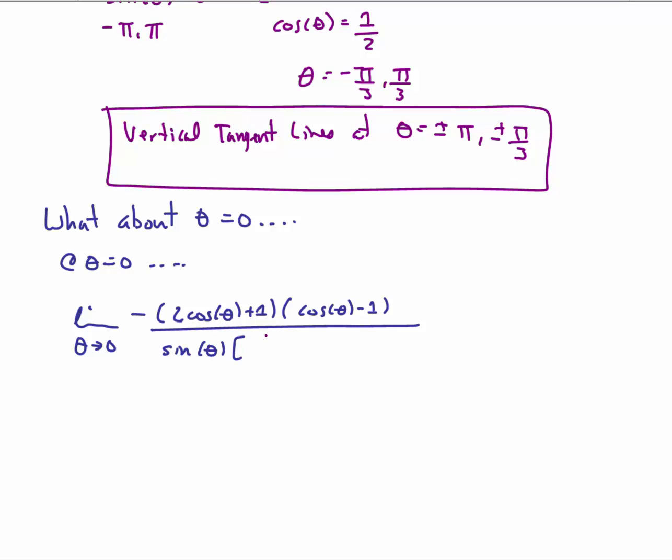So this is sine theta times 2 cosine of theta minus 1. Okay, so if I plug 0 directly in, I get 0 over 0, which is indeterminate, L'Hopital's. And L'Hopital says, okay, take the derivative of the numerator and the derivative of the denominator. So I'm going to go ahead and let you take the derivatives here. You end up with 4 cosine theta sine theta.